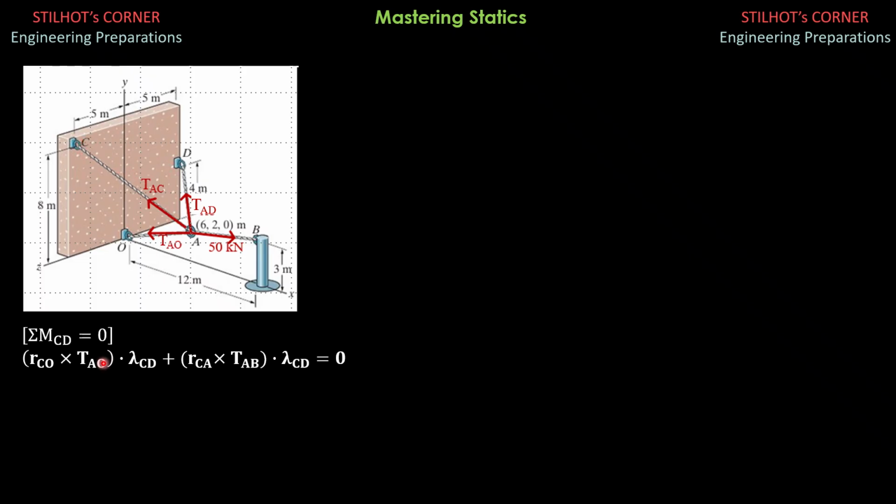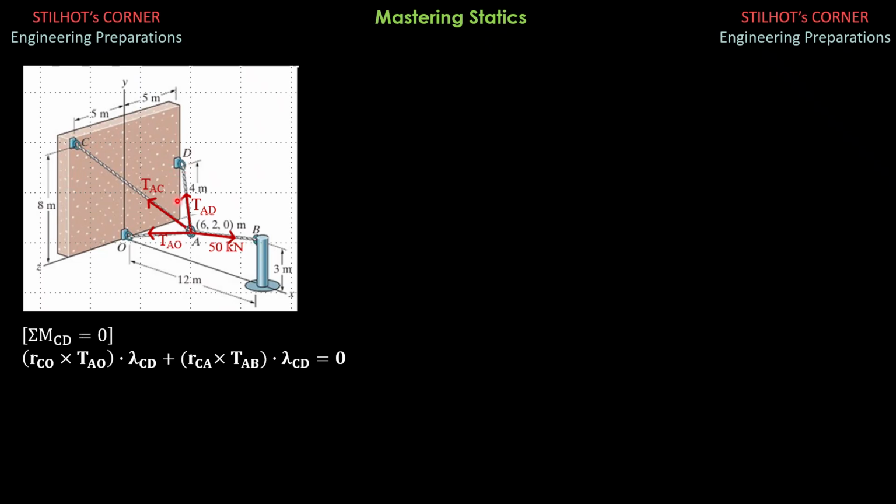We can have RCA instead cross tension AO. Then you can also have RDO cross tension AO, replacing this. For RCA, you can have RCB cross tension AB if you want. So there are many options, but I'll just present these expressions. So what is the unit vector of CD?